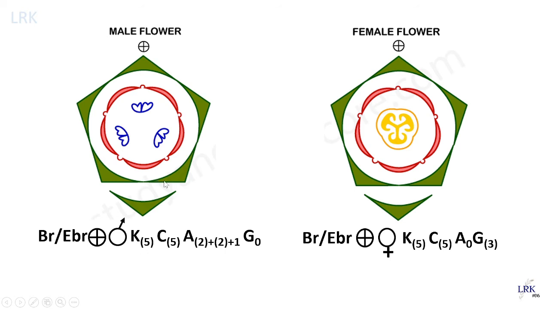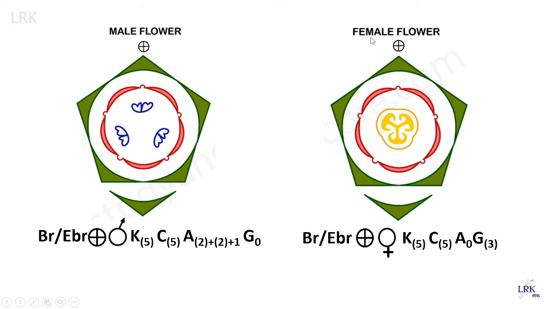Calyx 5, they are united, so written in the brackets. Petals 5, either they may be free or they may be united. And when coming to the androecium, that is stamens are 5 in number, and they are arranged in 2 plus 2 plus 1 condition. These are male flowers. Gynoecium is absent in male flowers.